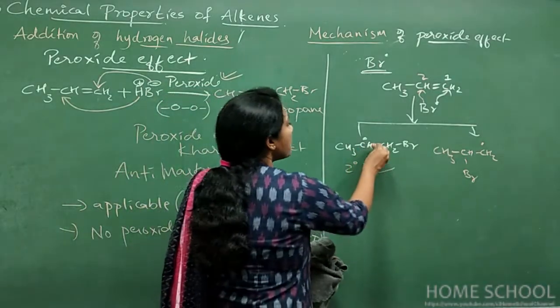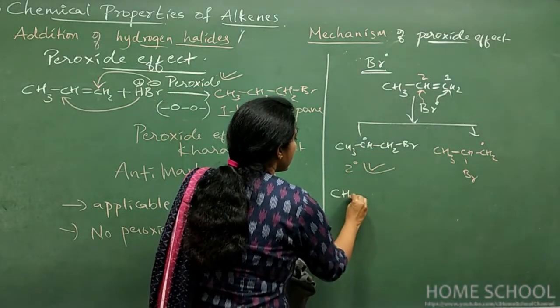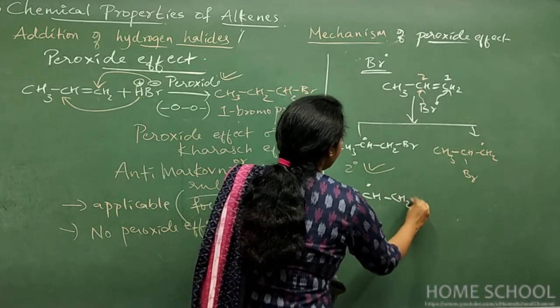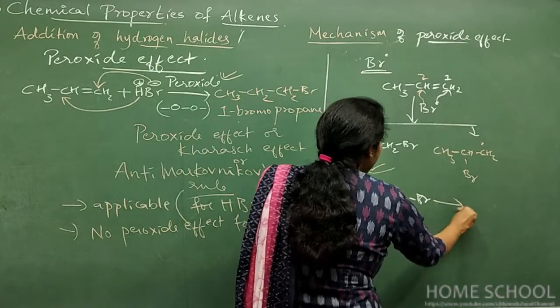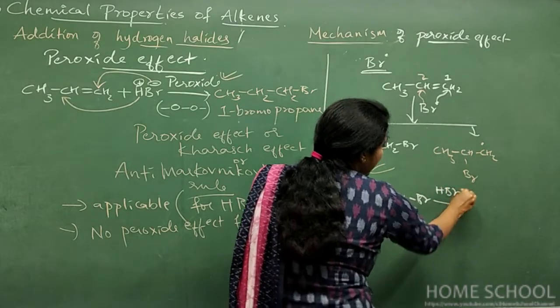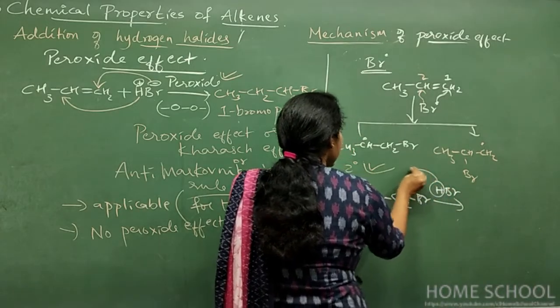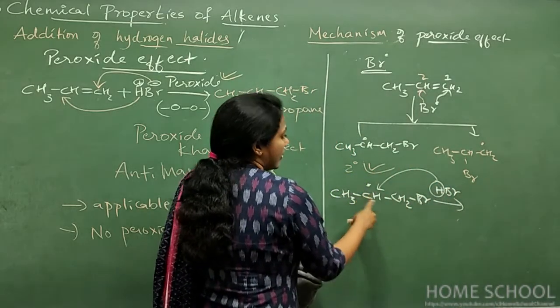Since this is more stable, in the next step the CH3, CH free radical, CH2Br will react with one more molecule of HBr. This H will try to react.